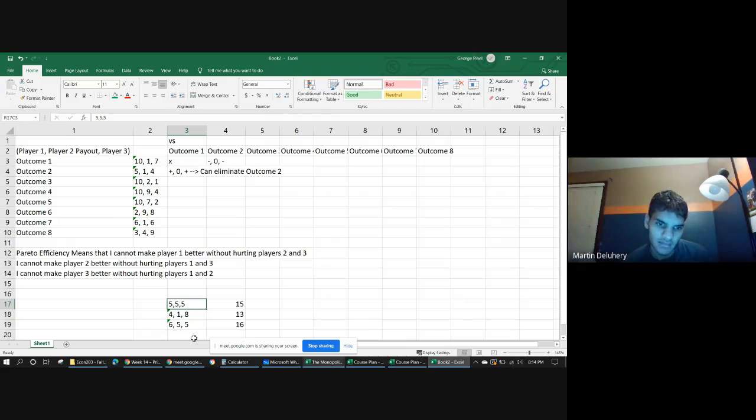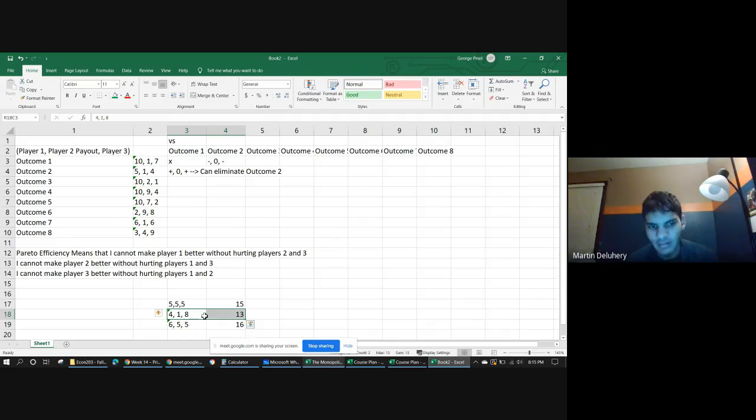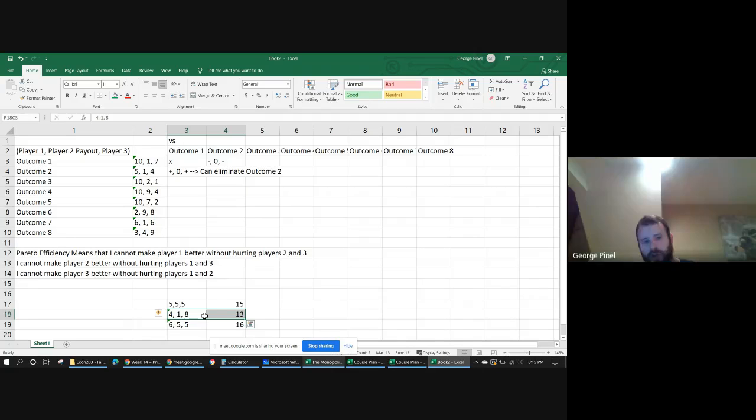Yeah, so even though this is the lowest overall utility, it's still Pareto efficient because any other allocation will hurt player 3. I see. Okay. Yeah, that makes sense.